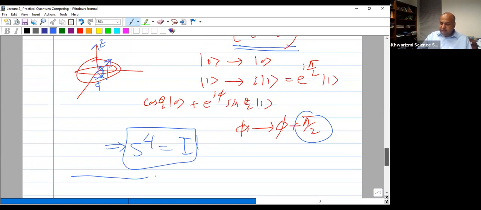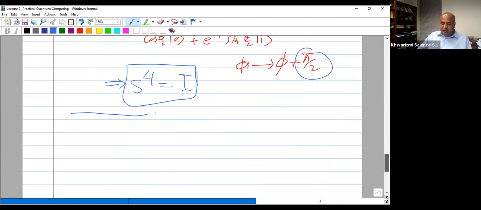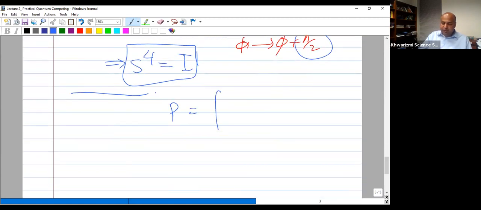Okay, by the way, there is a general phase gate as well. Let's say we have a symbol P. It's 1, 0, 0, exponential i times some phase phi.